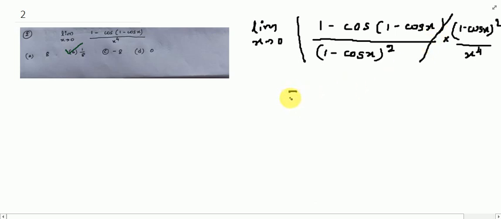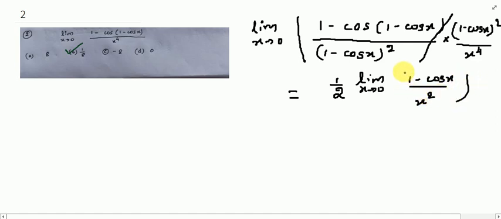Already we have discussed, this is equal to 1 by 2, and I can write limit of x tends to 0 of 1 minus cos x divided by x square, the whole square.